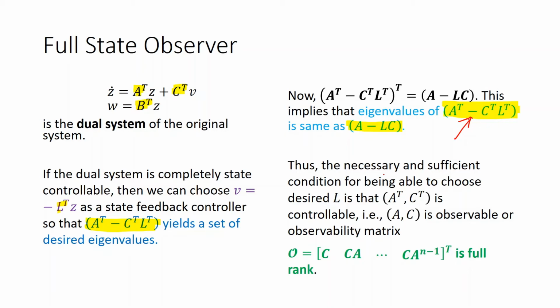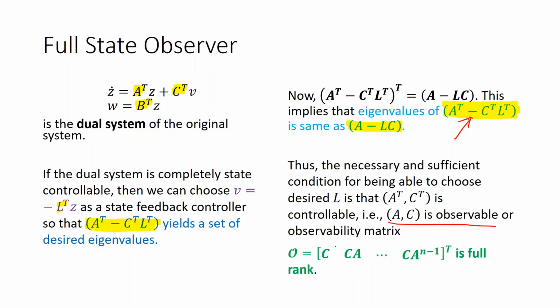So that is what is stated here, the necessary and sufficient condition for being able to choose the desired L. I should write L transpose, but it is fine. Choosing L transpose means choosing L. The condition is that A transpose, C transpose is controllable, which basically means AC is observable, or the observability matrix is full rank.